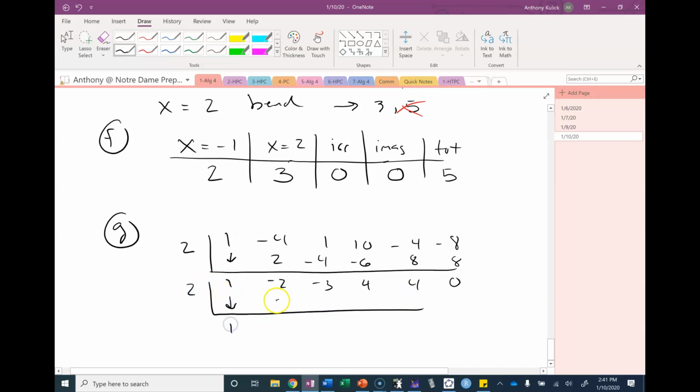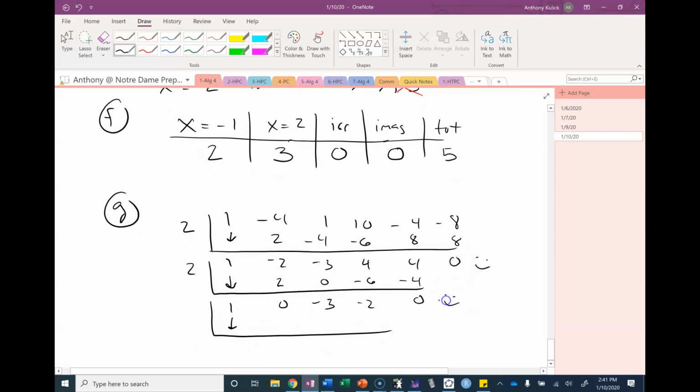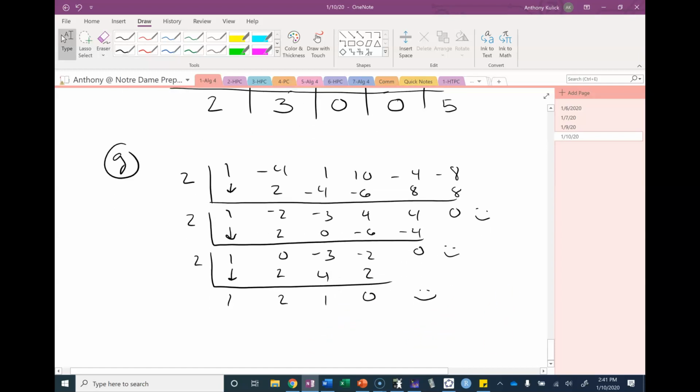So let's use it all 3 of those times and see what happens. So each time I'm getting that remainder 0, right? That's good. That worked.